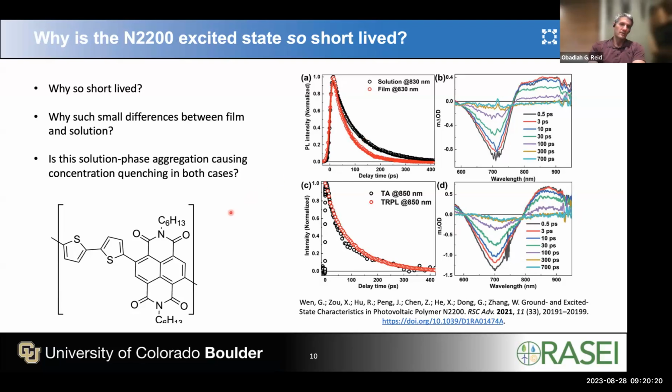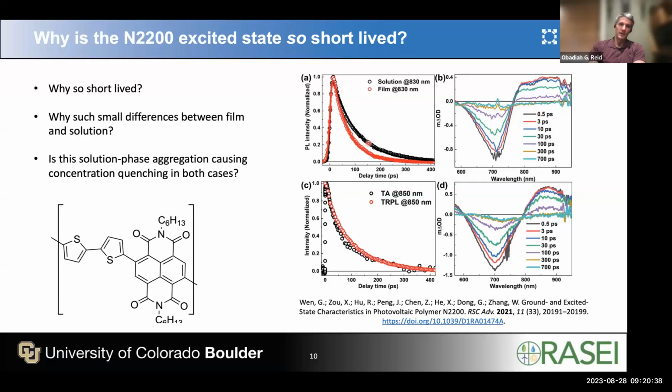But on the other hand, N2200 is known to aggregate quite substantially in solution. I don't think you can make a truly molecularly dispersed solution of N2200. At least I haven't been able to, or convincingly been able to.